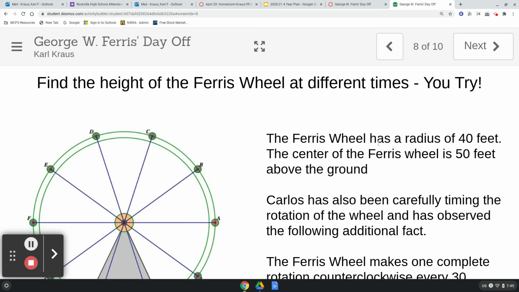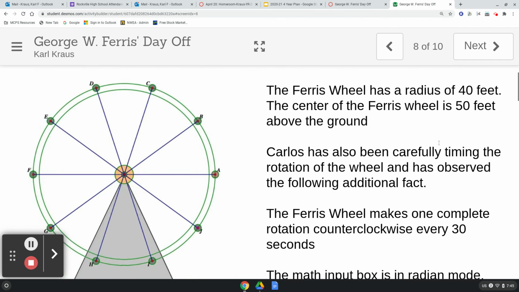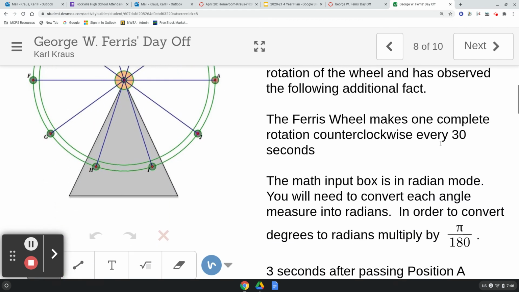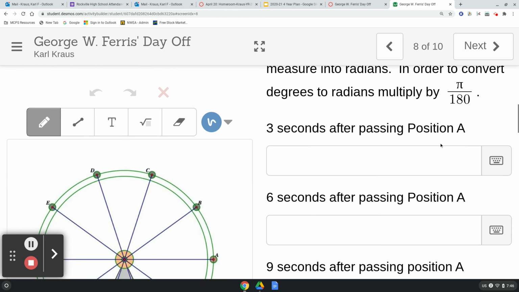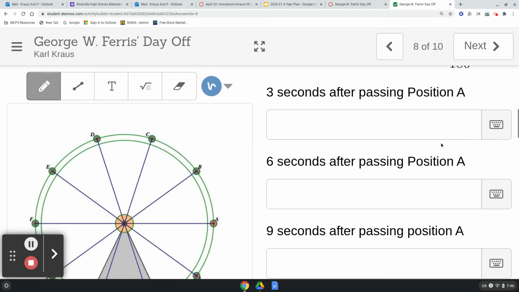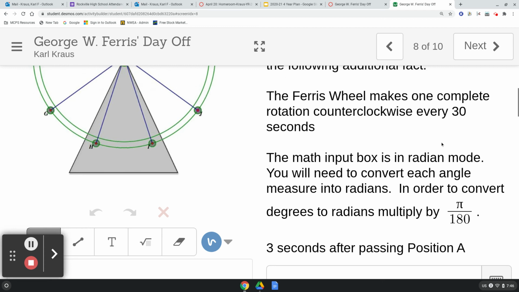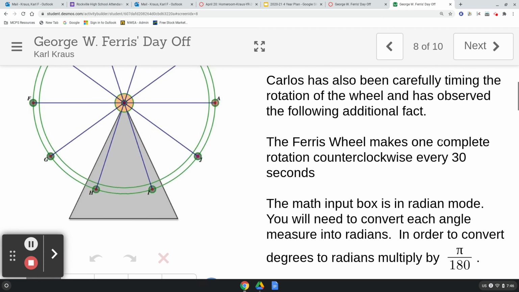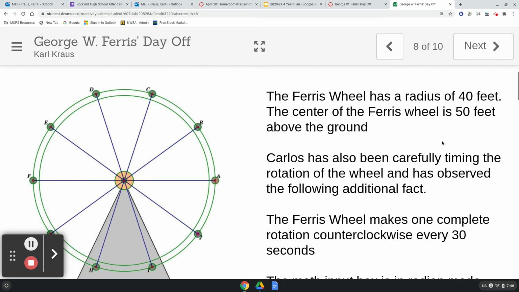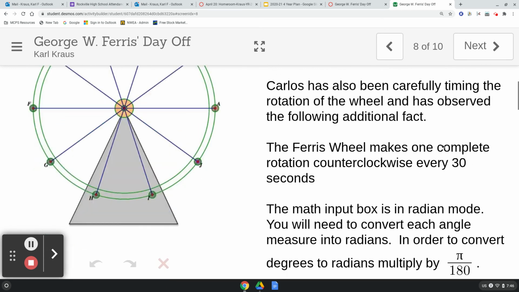All right, so now you try here. This time the Ferris wheel's radius is 40. Center line is at 50. And it takes 30 seconds. So 3 seconds after position A, we're going to do the center line, which is 50.